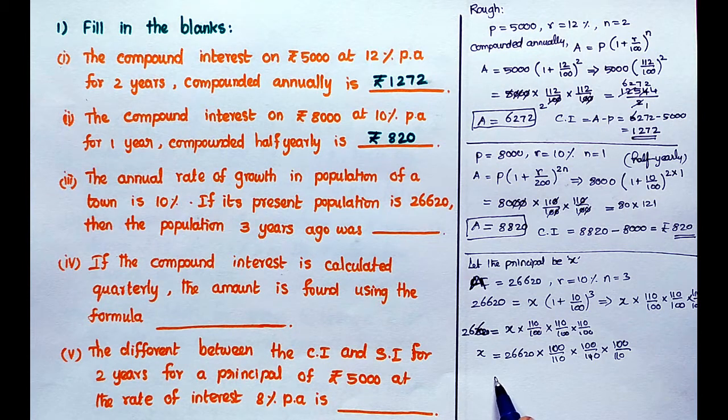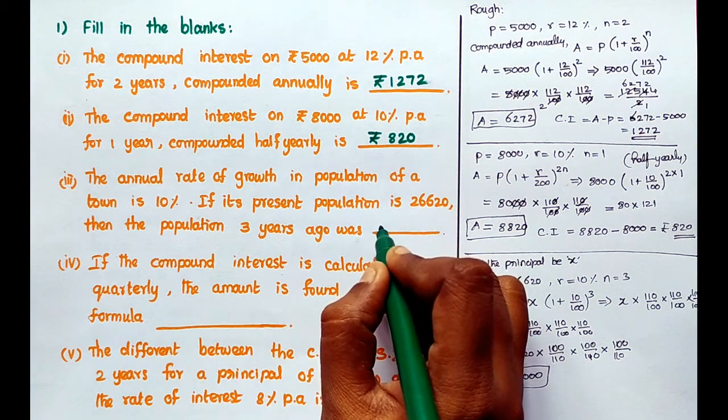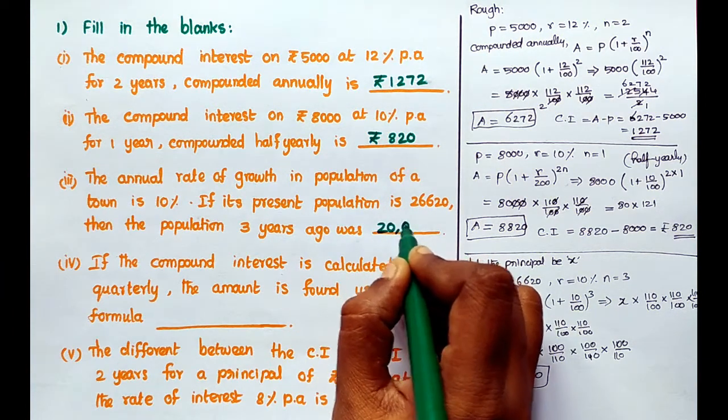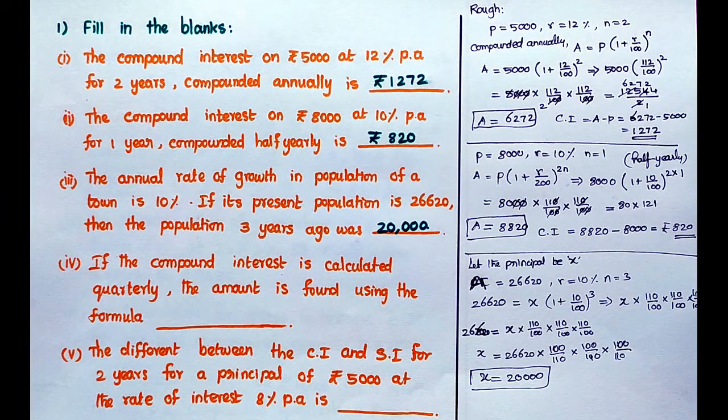Bring this side means. Now cancellation, simplify means we get 20,000. That is the answer. 3 years ago, before, the population was 20,000.